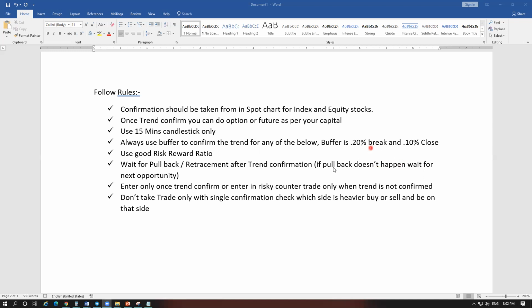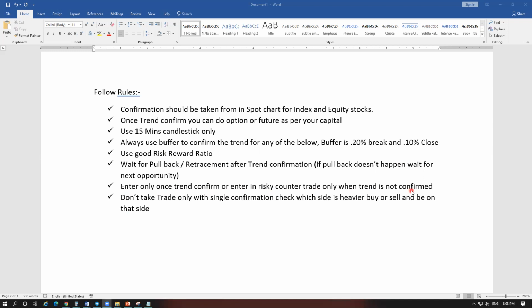Enter only once trend is confirmed, or enter a risky counter trade only when trend is not confirmed. What does that mean? You have to enter the trade only once the trend is confirmed. If the trend is not confirmed, you can do the counter trade.